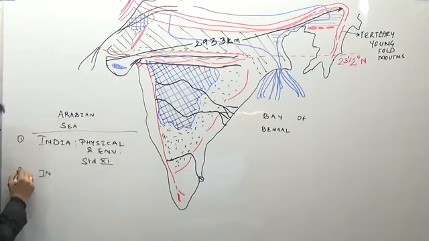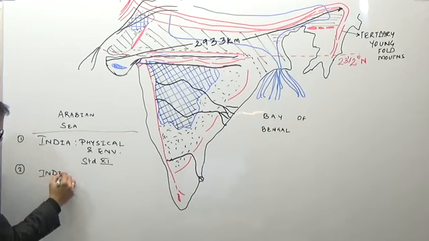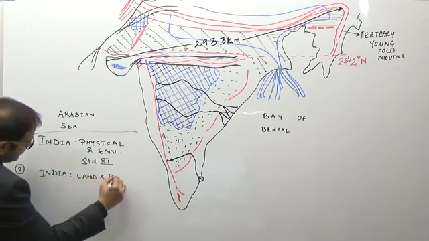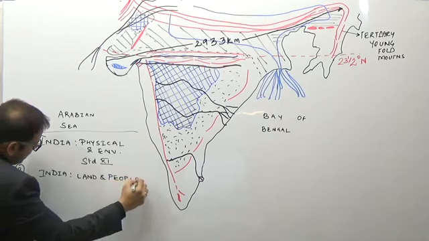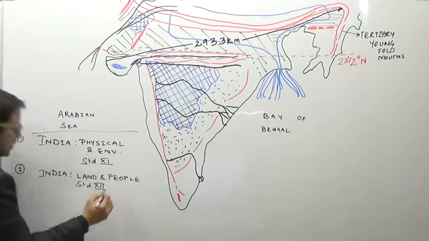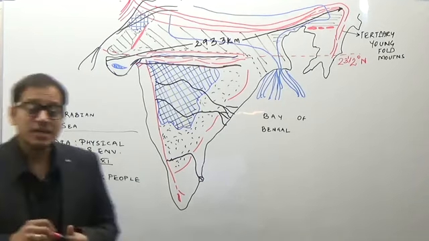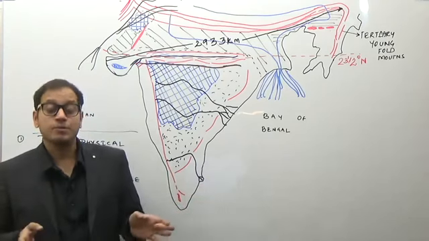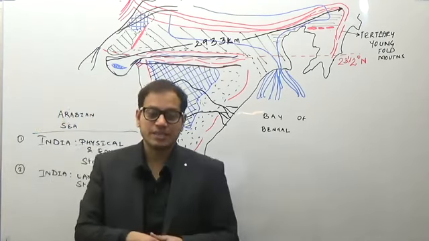The second book is India: Land and People, Standard 12th NCERT. These are the two NCERTs which are a must for any student who wants to study Indian geography properly to clear the civil service examination.